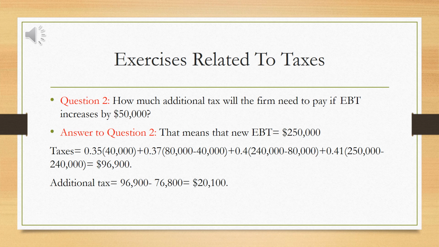If earning before taxes increase by 50,000, then the new earning before tax will become 250,000.